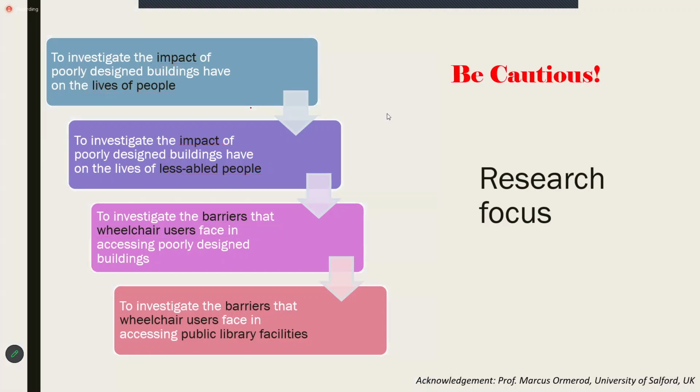So as a caution, since we are at the master's level, right, do not narrow it down to a very focused area, right? This type of very narrowed down area will be good for a PhD or maybe a master's by research.